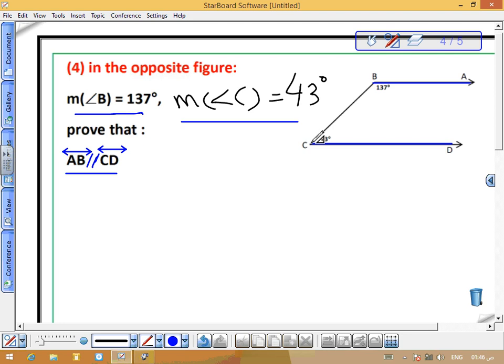Number 3, two interior angles in the same side of a transversal are supplementary. Supplementary means their sum equals 180 degrees. We have to find one of these three conditions to prove that AB is parallel to CD.